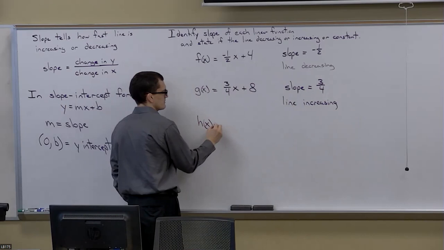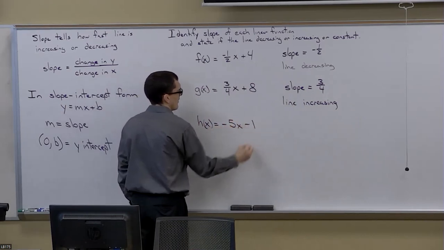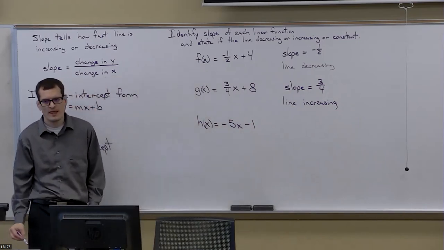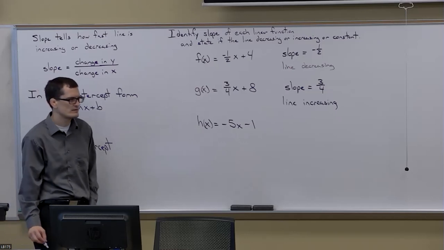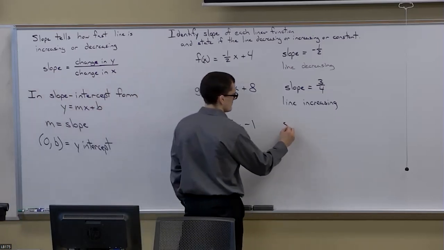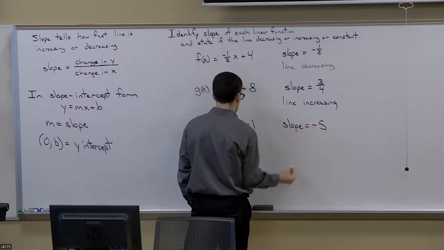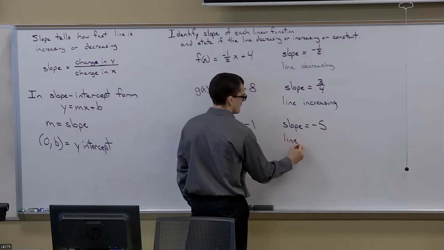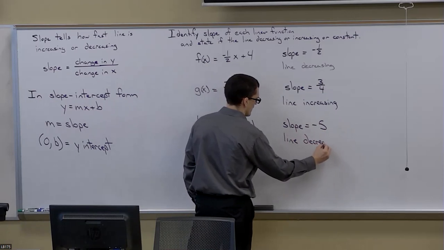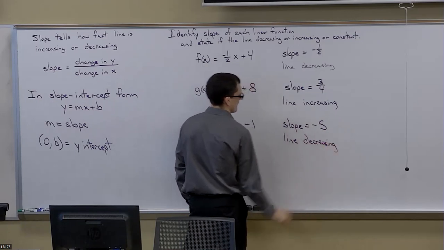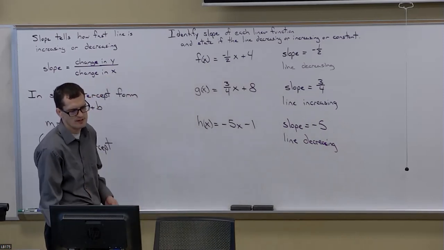H of x is equal to -5x minus 1. Slope is -5. Since the slope is negative, the line is decreasing. That works. Fairly straightforward.